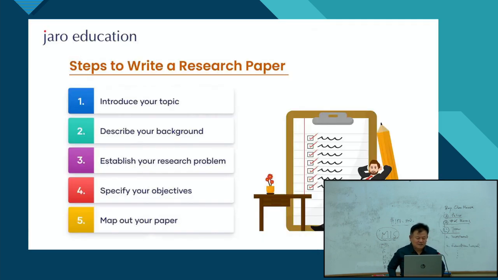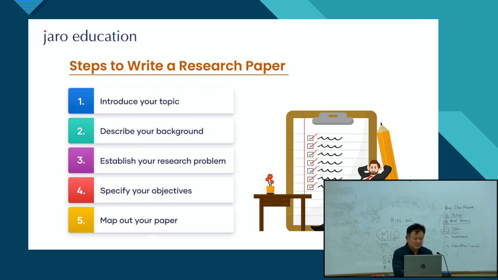And next, how can we write the research paper? The steps to write a research paper. First, introduce your topic and describe your background. Background means a literature survey. And establish your research problem. For example, I want to collect questionnaires from United States students, Asian students, and South American students.